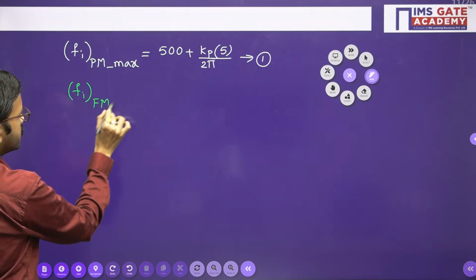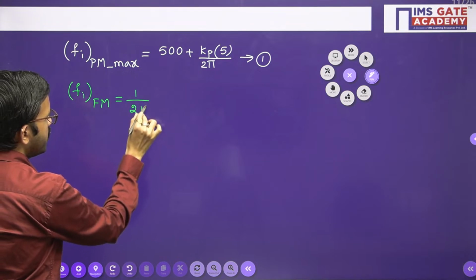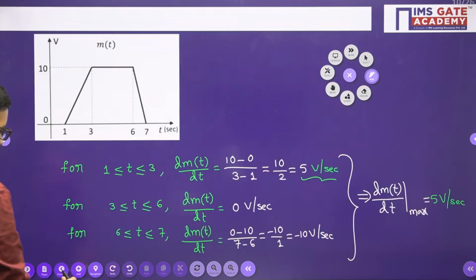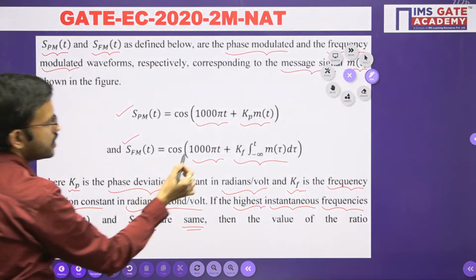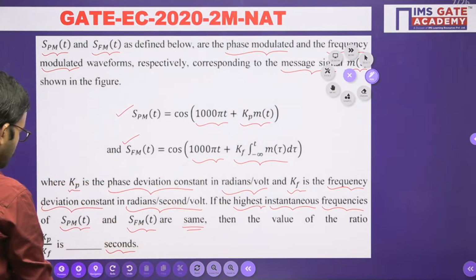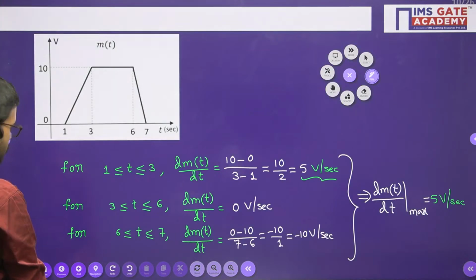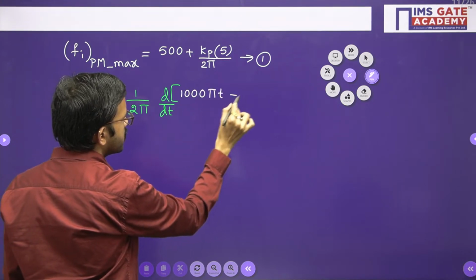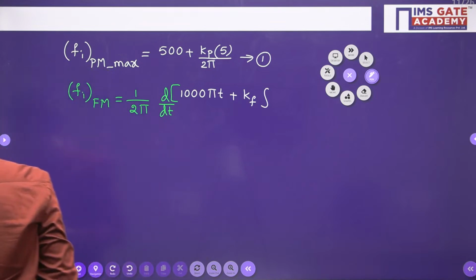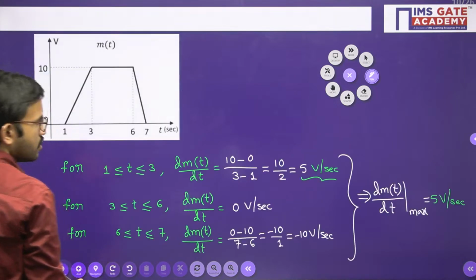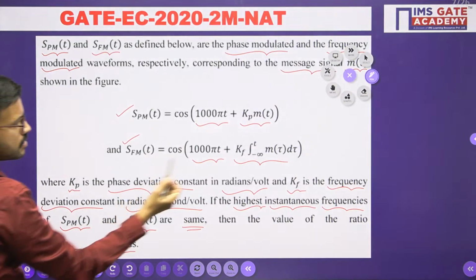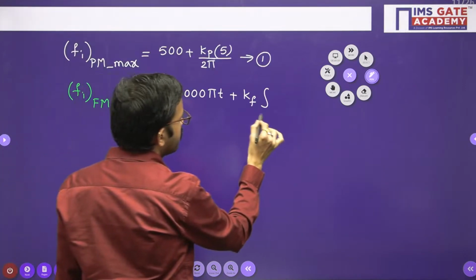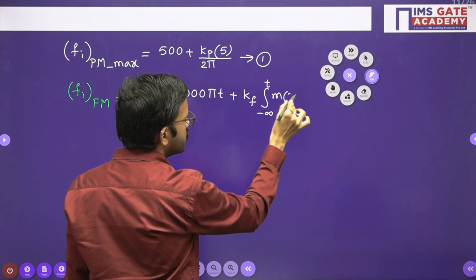In FM signal, the instantaneous frequency formula will remain the same, 1 by 2 pi into d theta of t by dt, where theta of t is nothing but this entire expression, 1000 pi t plus kf into integral from minus infinity to t of m of tau d tau.